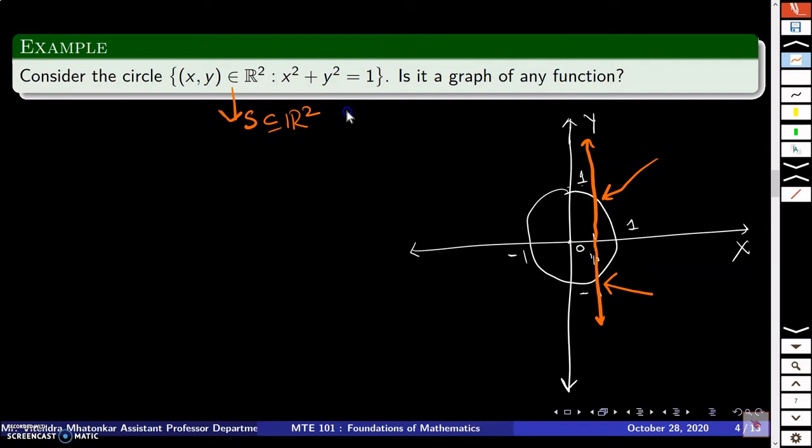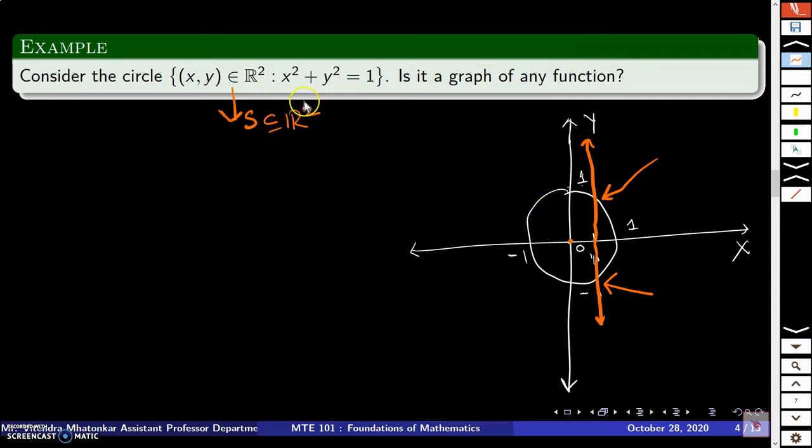Because from here you can see that if there were a function, the value of the function at the point 0 would have been 1 as well as -1. So 0 would have been mapped to two different points, and that would have violated the definition of a function.